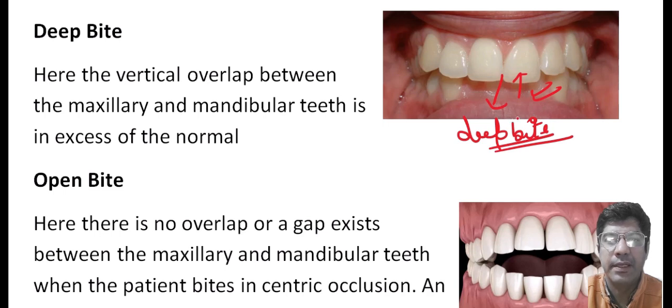And the open bite is when the teeth fail to make contact when the jaws are closed. That leaves a gap between the upper and lower teeth.